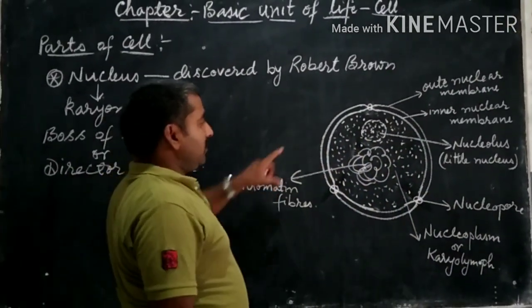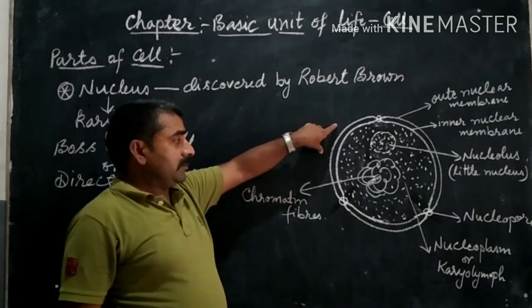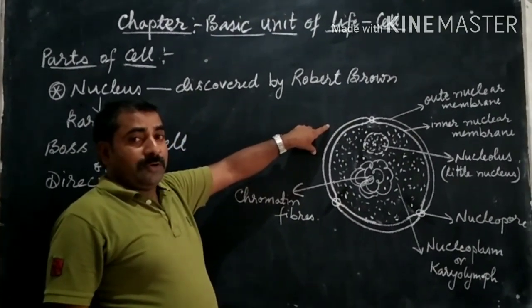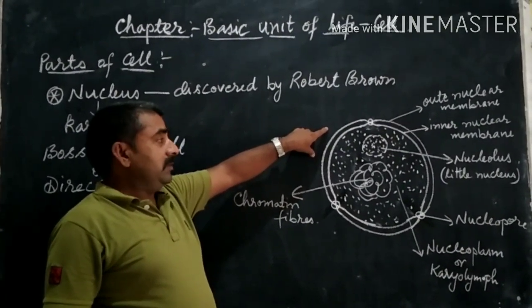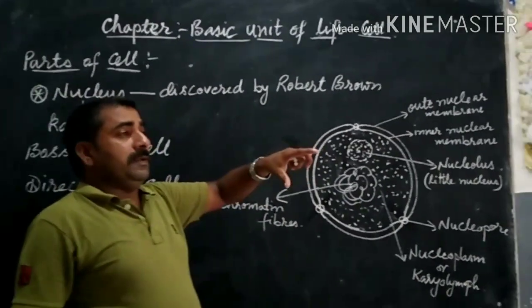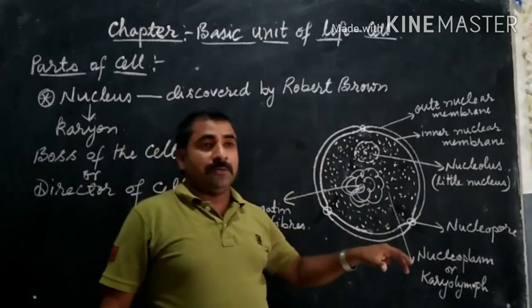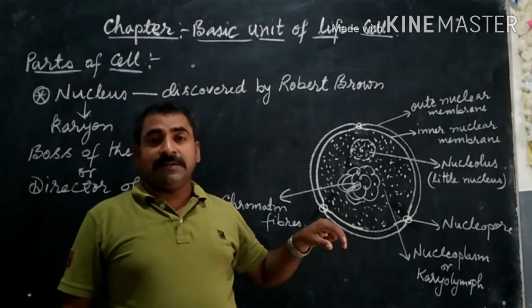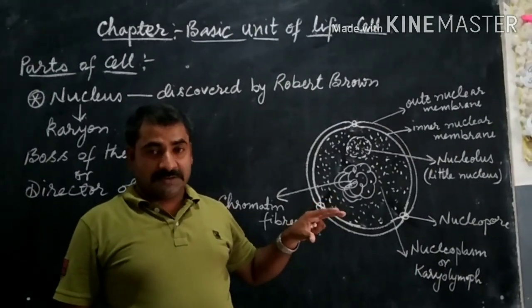If nucleus is observed under electron microscope, when we observe any structure in electron microscope, we call that structure as ultra microscopic structure.